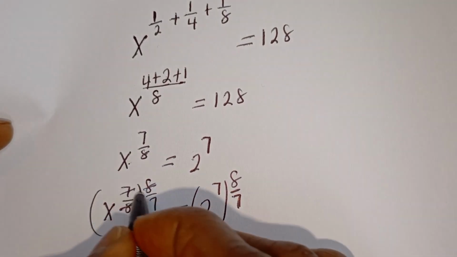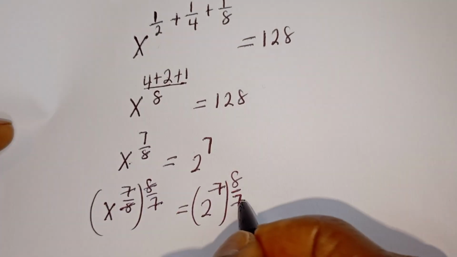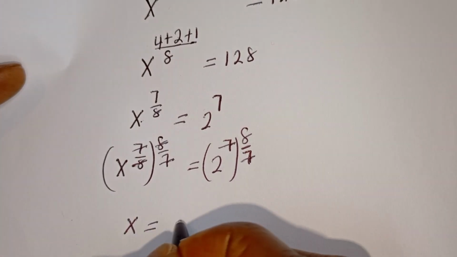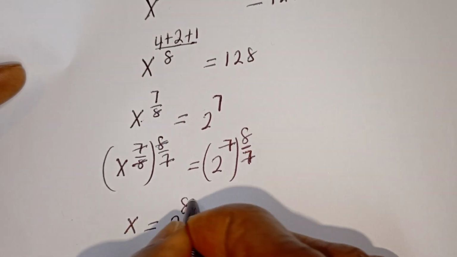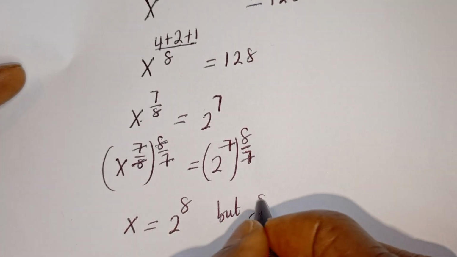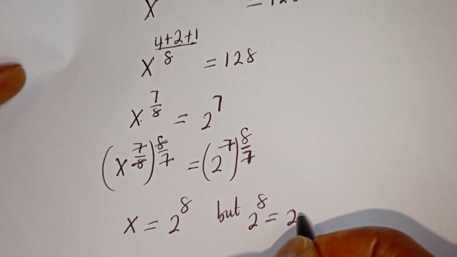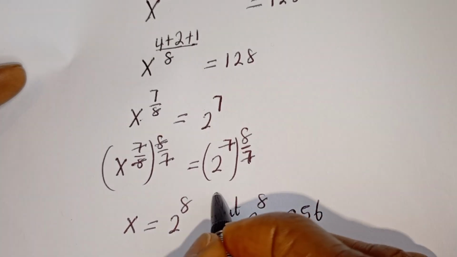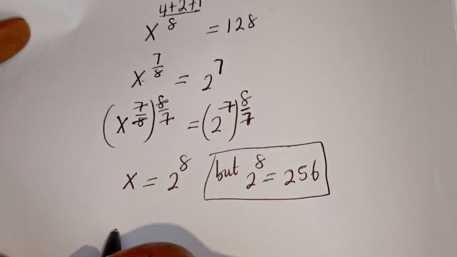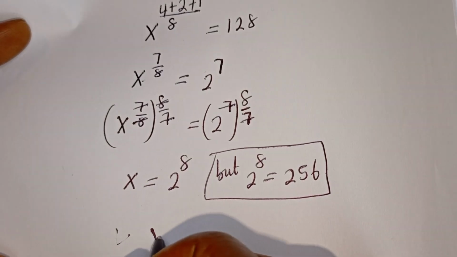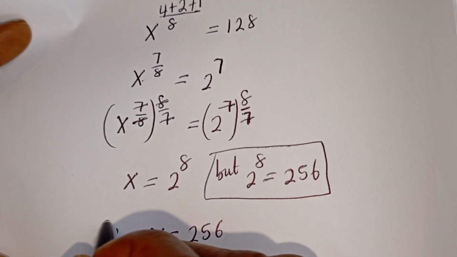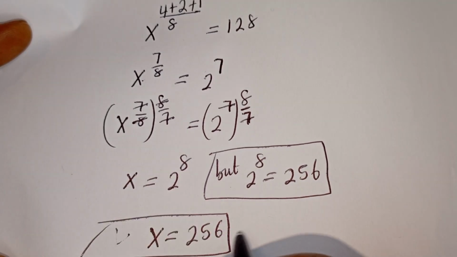This will cancel this, and this will cancel this. Then s is equal to 2 to the power of 8. But 2 to the power of 8 is equal to 256. Therefore, s is equal to 256. And this is the final answer.